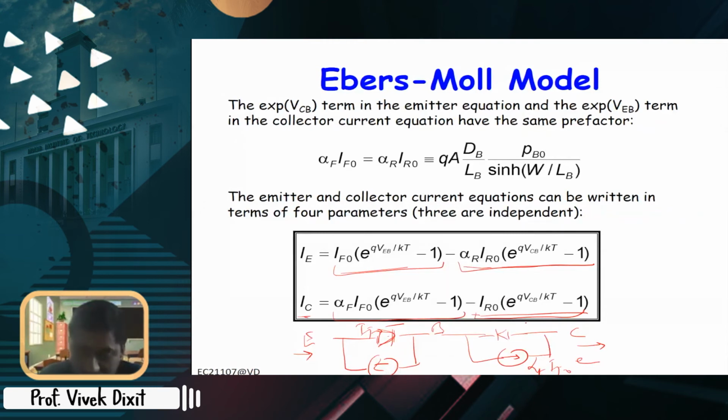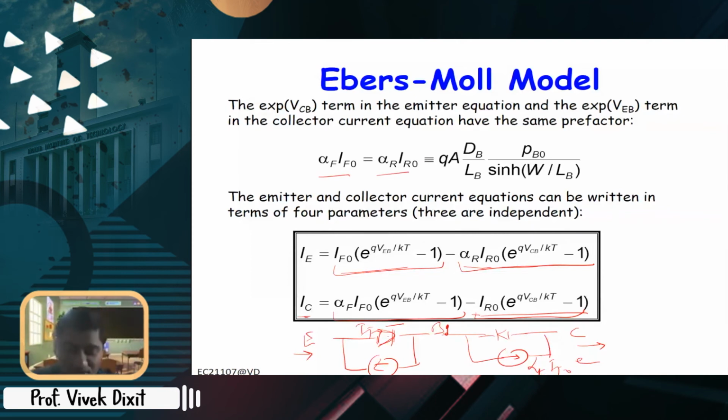So this is basically a model that we can directly derive from solving the minority carrier diffusion equation. And this has a name. It's called the Ebers-Moll model.